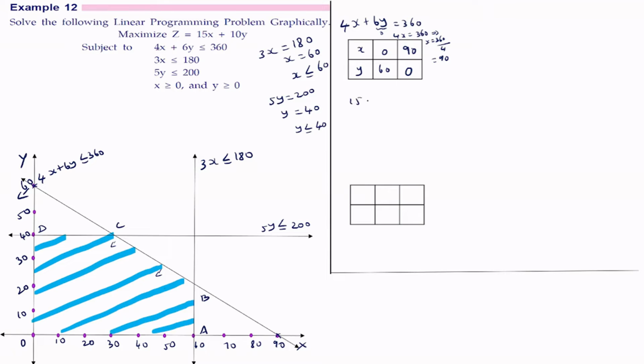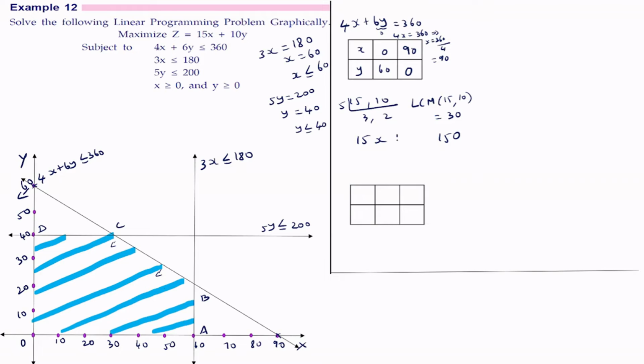So the LCM of 15 and 10 is 30. If our scale is larger, then we can take any multiple of this LCM. So for simplicity's sake, I am taking 150 as the value of z.